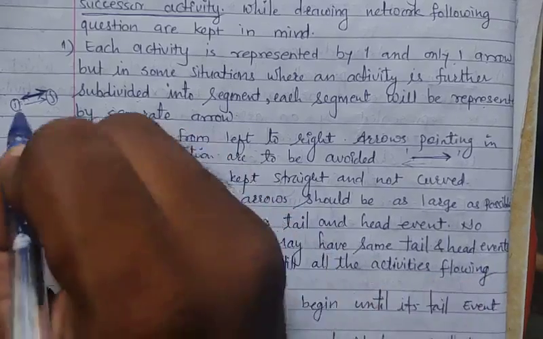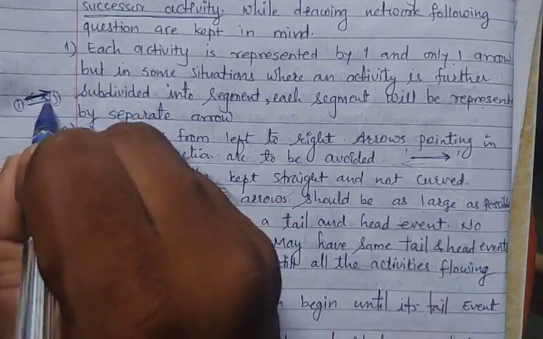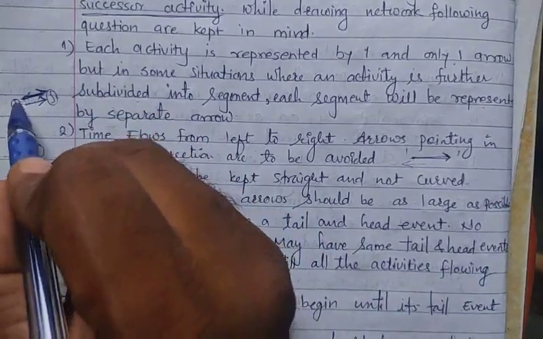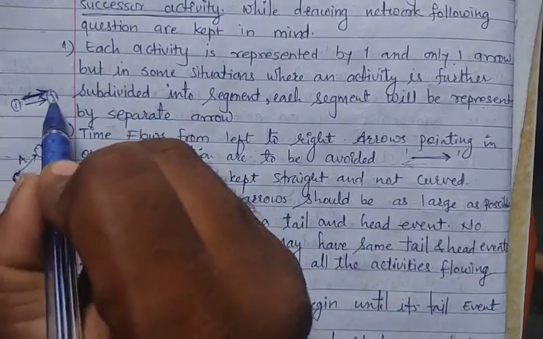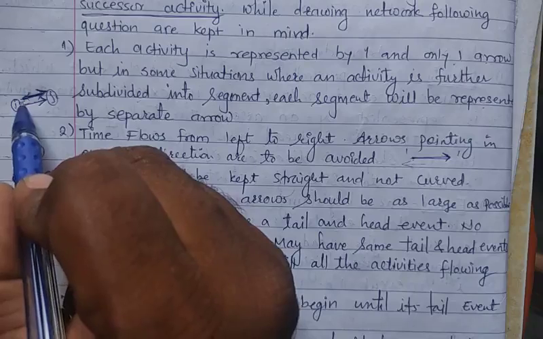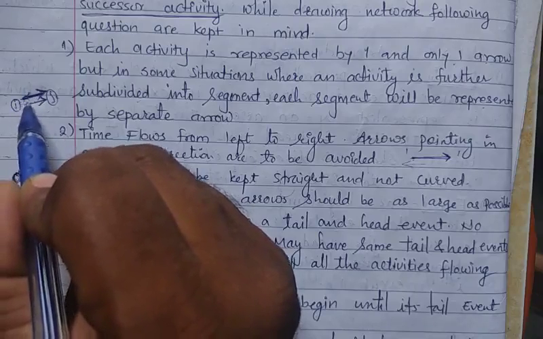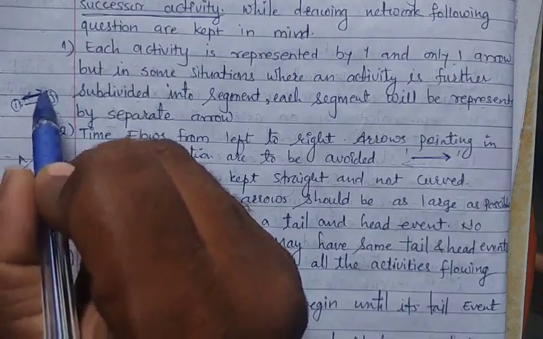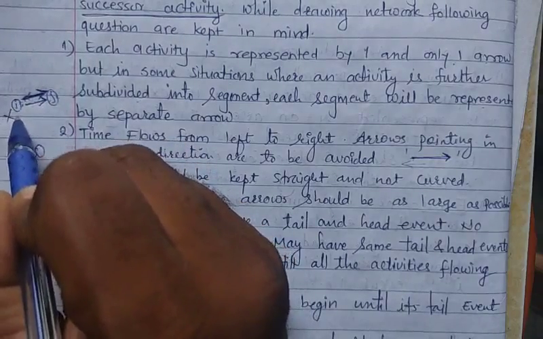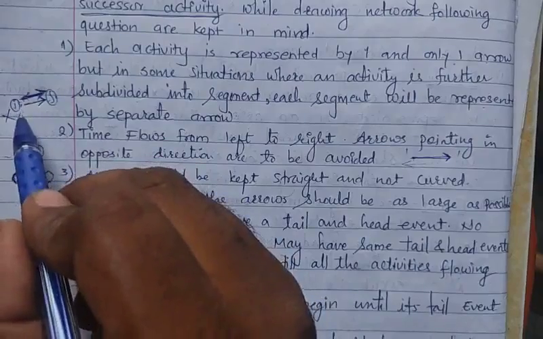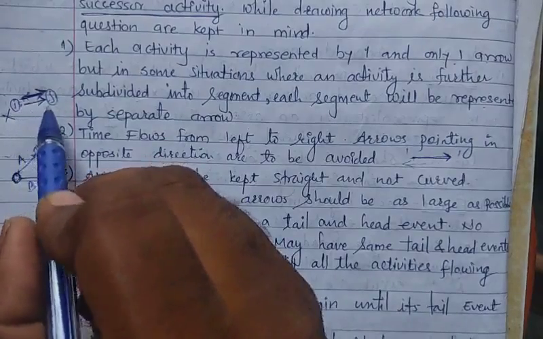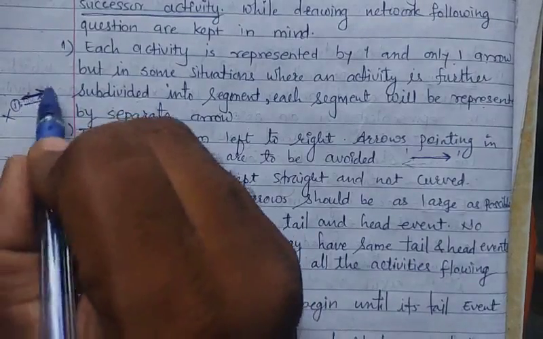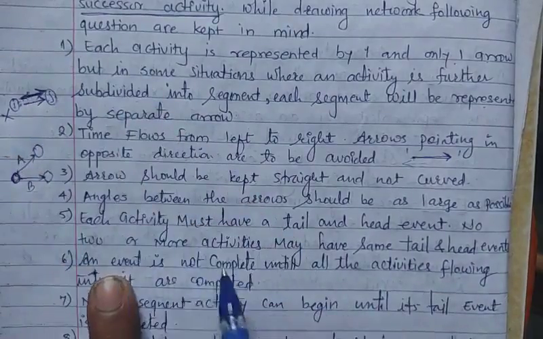For example, we cannot show activities like this. From event I to event J, we cannot draw two activities at a time whose tail and end are the same. This is not the way to denote the event. We denote an event with only a single arrow.